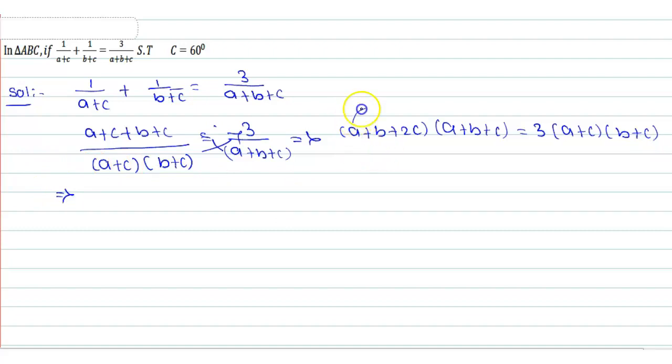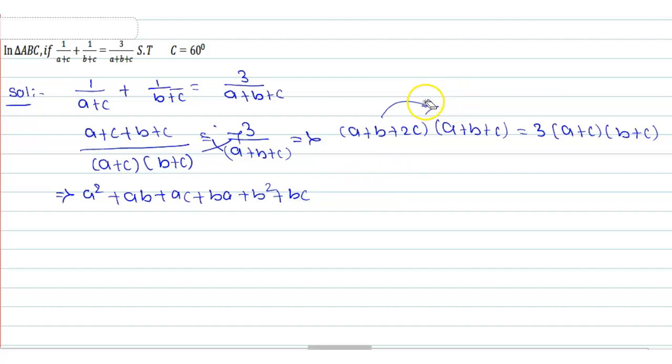Here we need to multiply a with a, that goes to a square, plus ab plus ac. After finishing a, now go for b: ba plus b square plus bc.